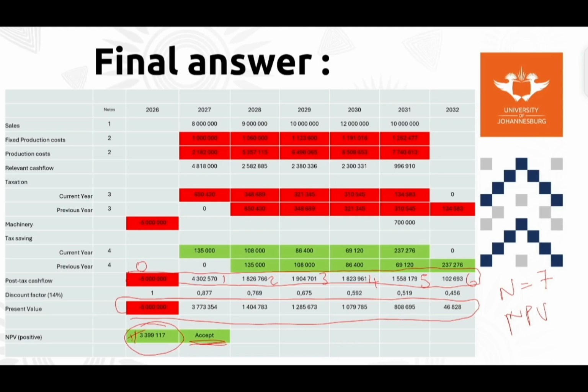But these are the cash flows that you would use. Oh, and then your interest would be 14%, as you were given.